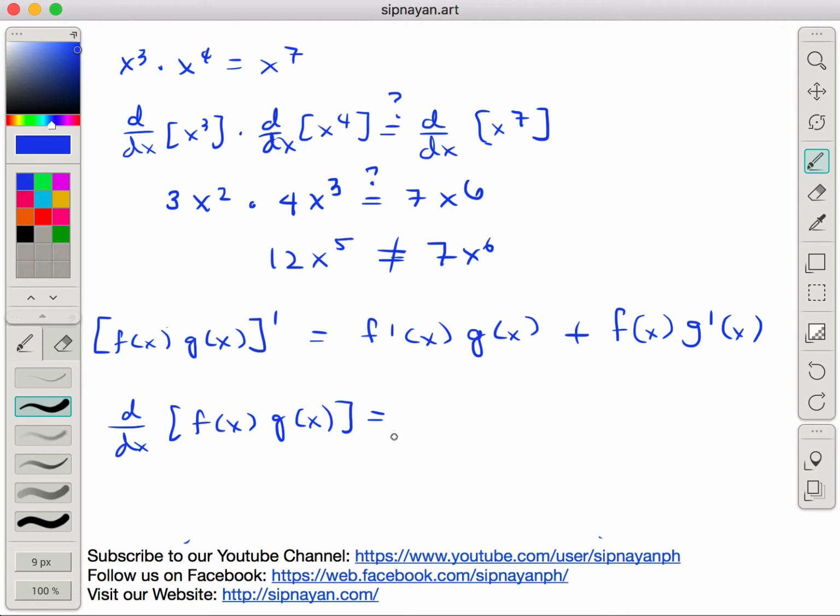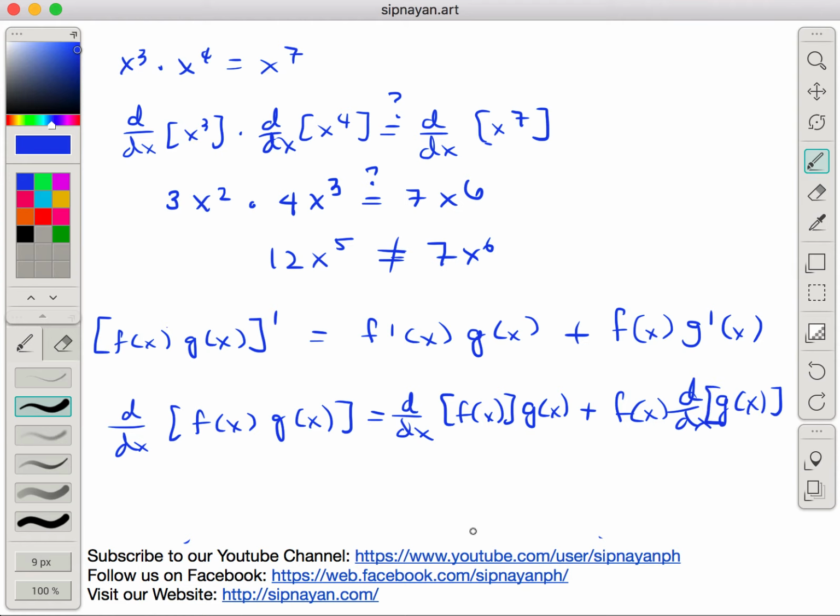Ginagamit kasi natin palagi itong dalawang notation na to, so dapat familiar kayo. So we get the derivative of the first function, meaning we get ddx of f of x and then multiply by g of x plus f of x times the derivative of g of x. So yan yung ating notation.